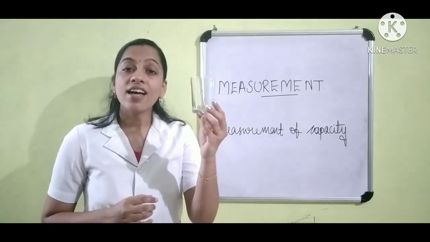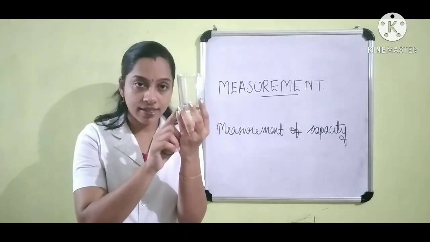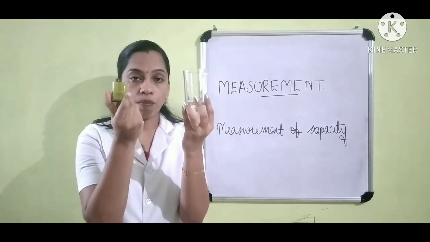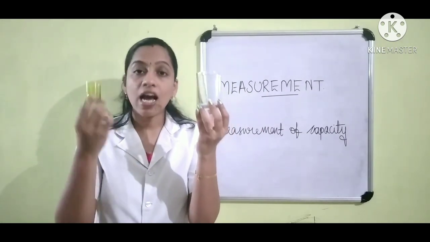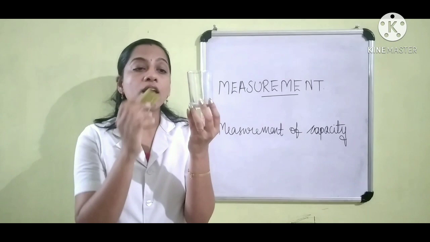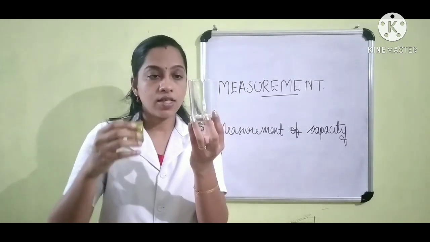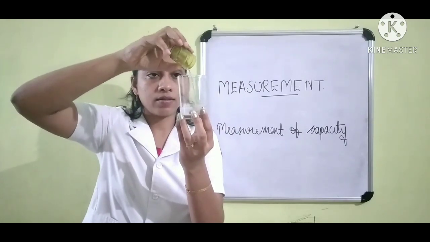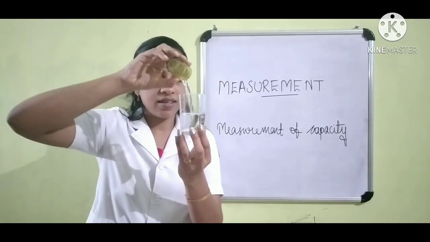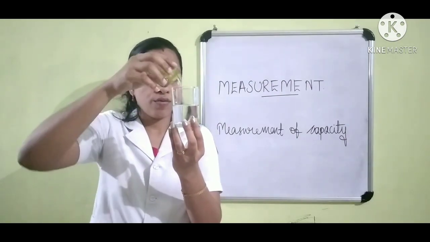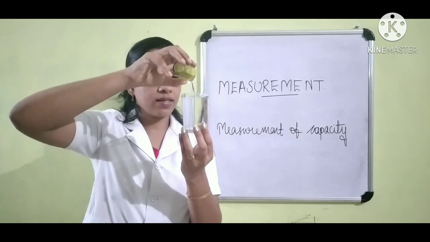Let us see. Here you can see a glass. I am going to fill water in this glass with this top. This is a top of a bottle. Let us see how many tops of water will it hold. Are you ready? Yes. See children. 1, 2, 3, 4, 5, 6.